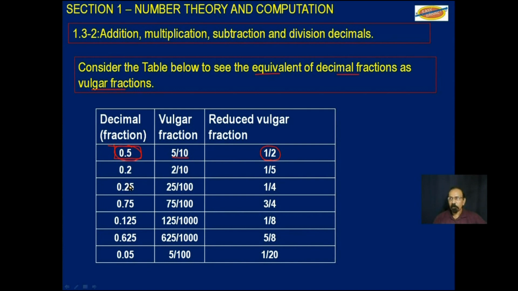And so on, 0.25 is the same as a quarter, and 0.625 is the same as 625/1000. You reduce that and you get 5/8, and so on. So when we say decimals, we actually mean decimal fractions. And when we say a fraction like this, we actually mean vulgar fraction.